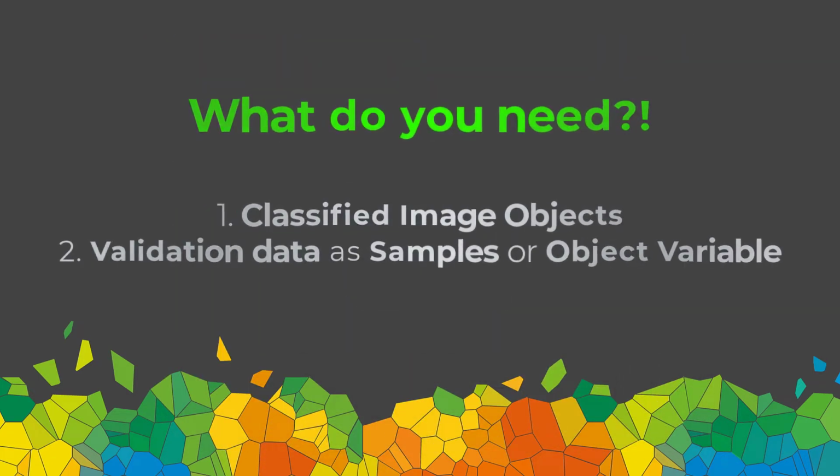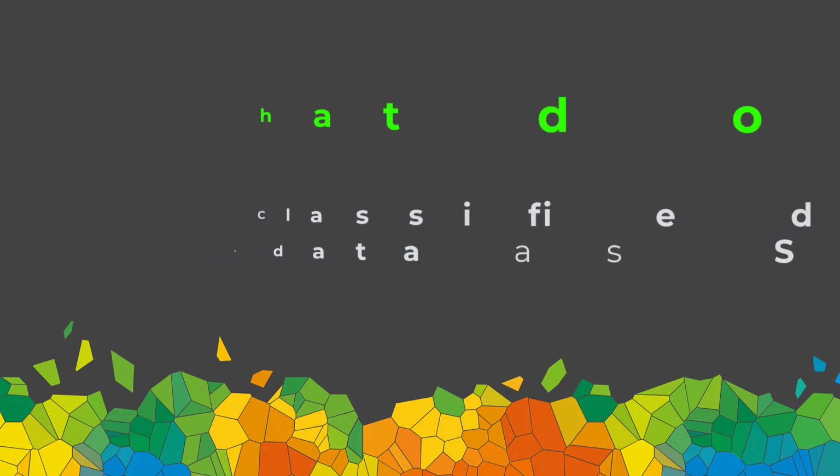So what do you need to get such a confusion matrix? First of all, you need classified image objects, and second, you need validation data as samples or object variables. So somehow you need to convert your ground truth data that you have maybe as a vector into samples or into an object variable, and then you can create this confusion matrix easily.